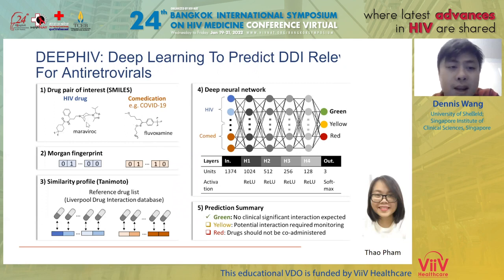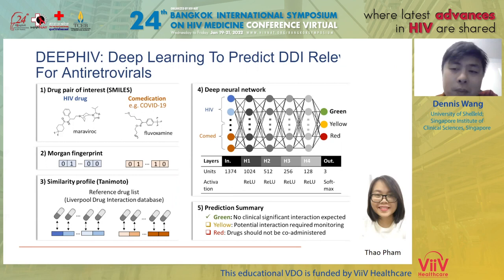And this is taking the chemical structure of those drugs and transforming and encoding them in numeric vectors that can be used in a deep neural network to then predict essentially three types of labels: whether there's no significant drug-drug interaction, potential interaction, or severe possibility of interaction.